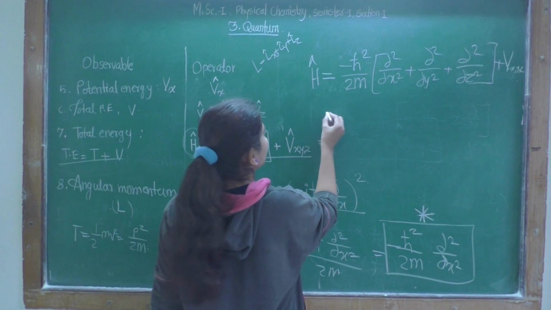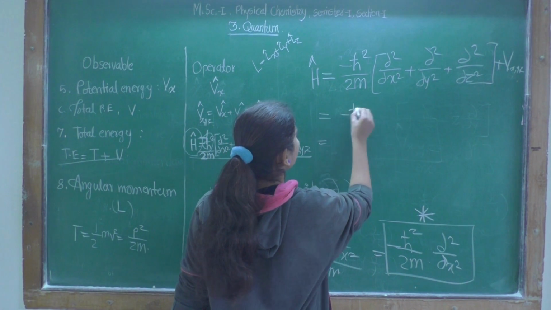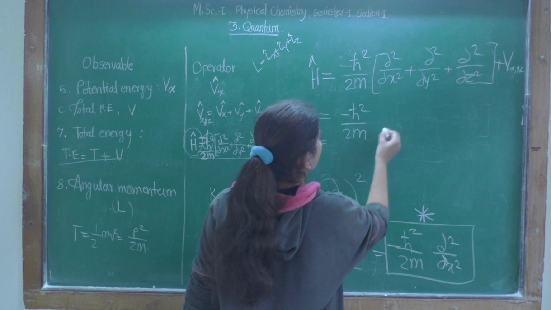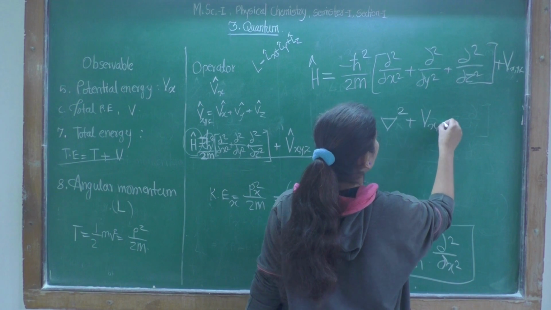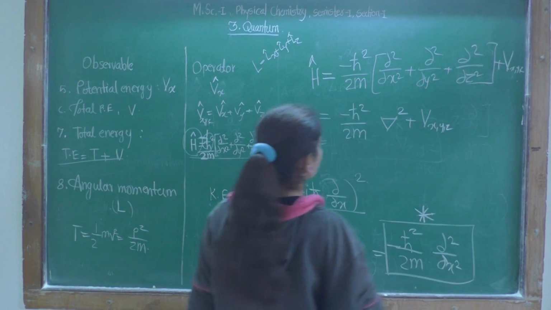That's it. And it can be written as minus h cross square upon twice m del square plus V of x, y, z, potential energy.